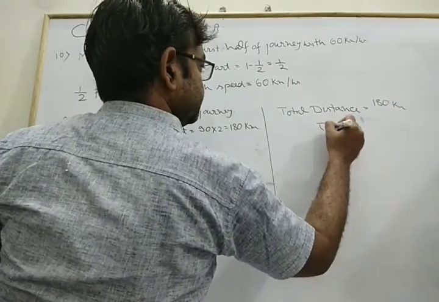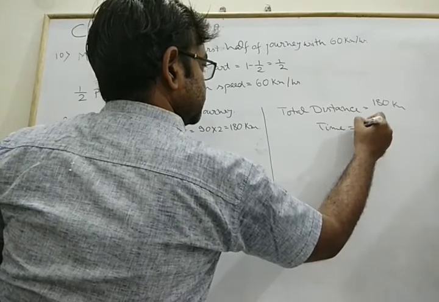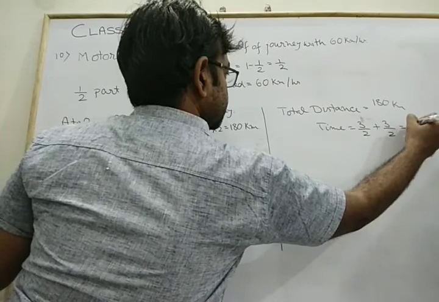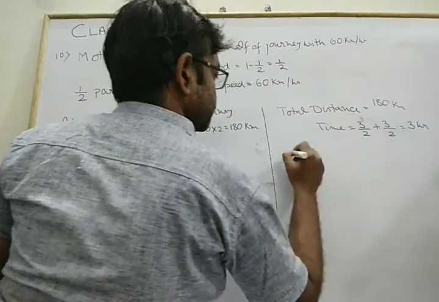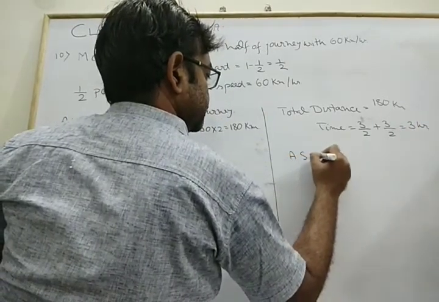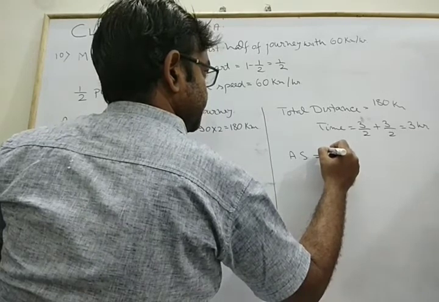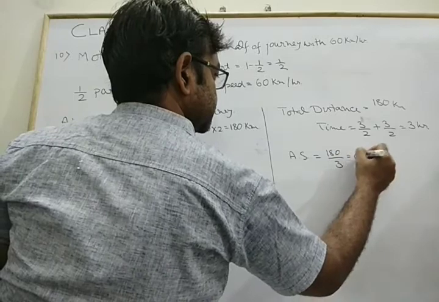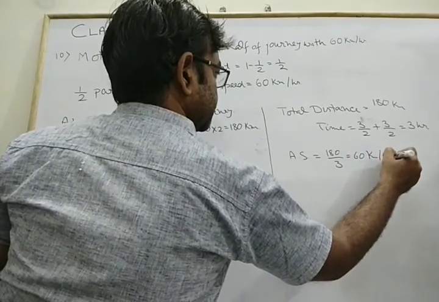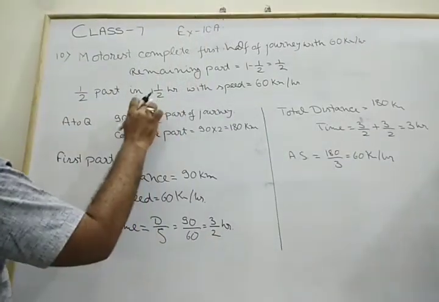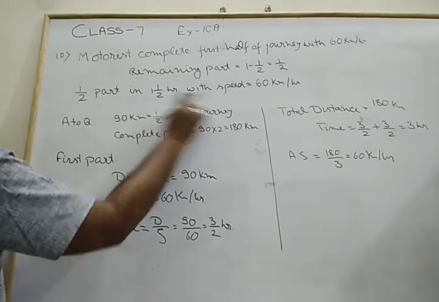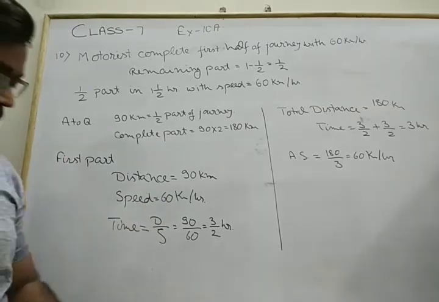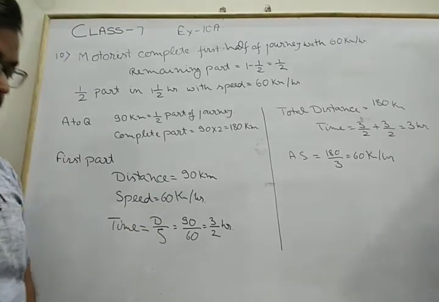Total time equals 3 upon 2 plus 3 upon 2, it's 3 hours. So average speed equals total distance 180 by 3 equals 60 kilometers per hour. This 1 whole 1 upon 2 equals 3 upon 2 also. So from this you can find out the speed. We have 60 kilometers per hour.